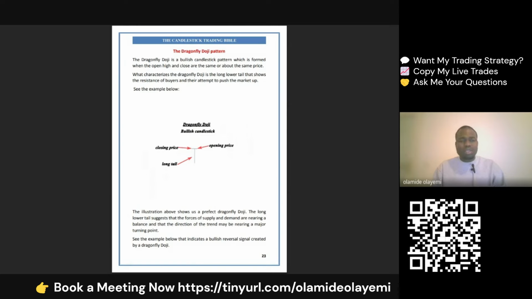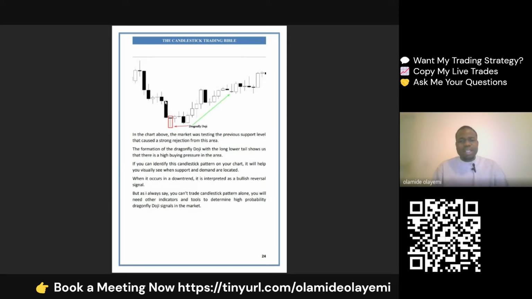And then what happens when this occurs? You can see this is a T here. It's trying to tell us that the buyers have higher pressure, and there's a likelihood that they will continue to push the price higher, meaning this is a good time to start buying. If you were selling before, get out of the sell trade and then buy. You can see the market had been dropping for several days.